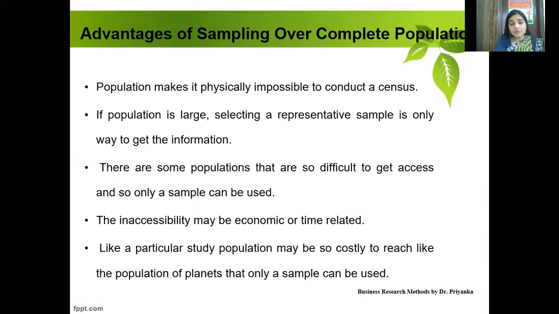So in that case, of course, it is very important that you go for a sample study rather than the whole population. Suppose your factory has manufactured 1 lakh products, and you might randomly check whether these products are good or not. In that case also we use sample studies rather than population studies. So it depends.